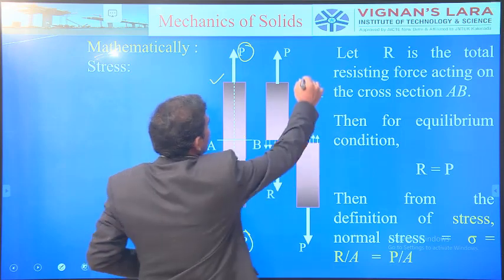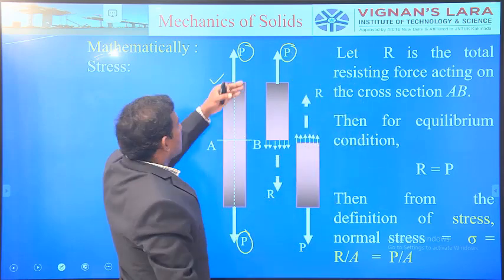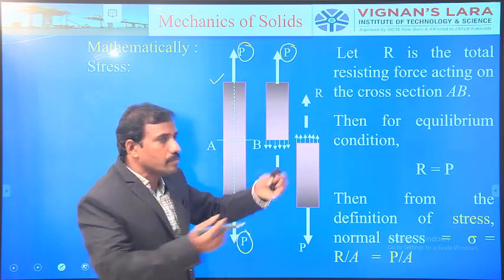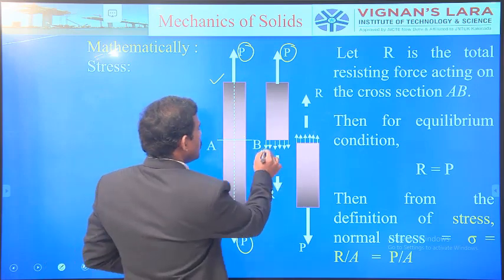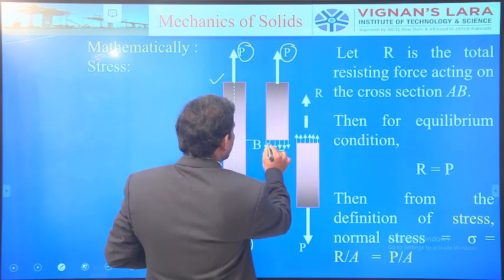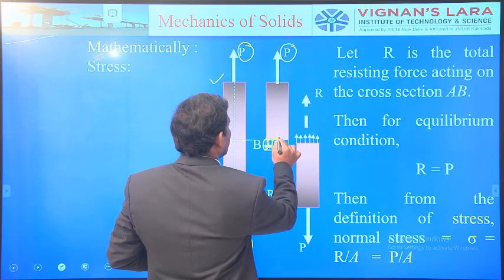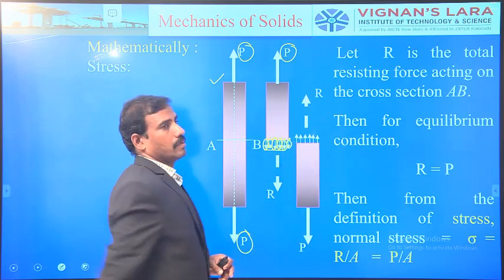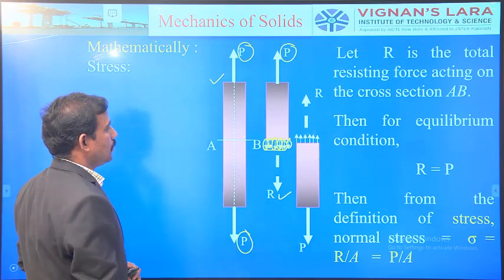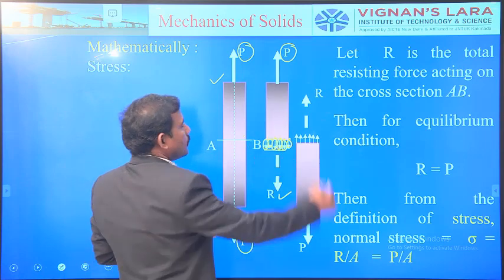What are the forces acting on the body? Only one force of magnitude P, and that force always tries to deform the body. That deformation is resisted by the forces offered by the structural member, represented by R. Definitely, there is no failure.